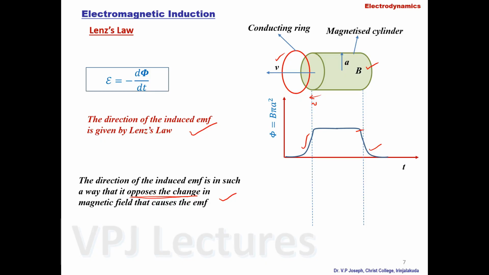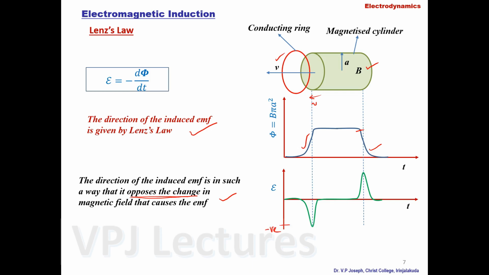According to Lenz's law, the induced EMF is in such a direction as to oppose the change in magnetic field. So EMF may be represented corresponding to this region like this. That is, EMF is negative here. This is the negative side.